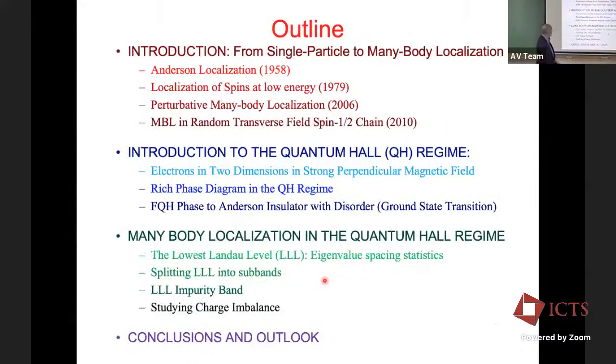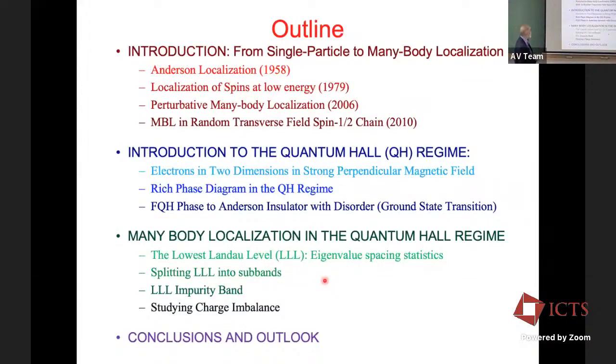So basically the outline of today's talk is, I'm going to first try to put the entire lecture series in context by talking about why I called this from single particle to many body localization.